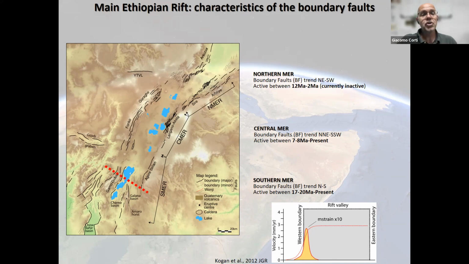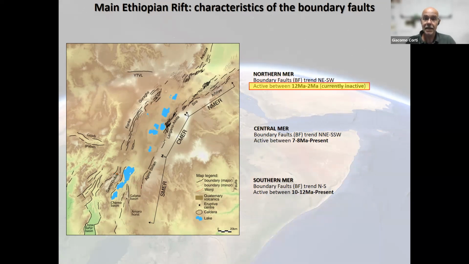Also, we have geological indication that more or less the same thing occurs in the central part of the Ethiopian rift. Whereas in the northern part, we have something different, because we have geological data suggesting that these faults, which started at around 12 to 10 million years ago, are currently not active. So they have been deactivated.